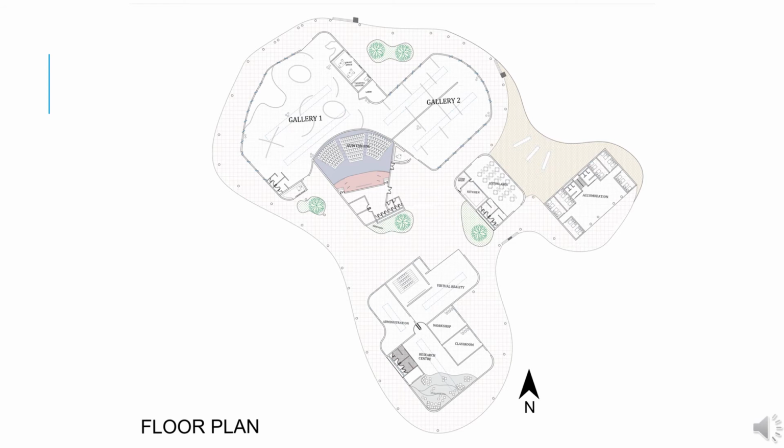As we come out of the galleries, the first thing we see is the entrances for the auditorium. In the auditorium, green room and toilets are provided. Further, we can see virtual reality rooms, workshops, and classrooms.